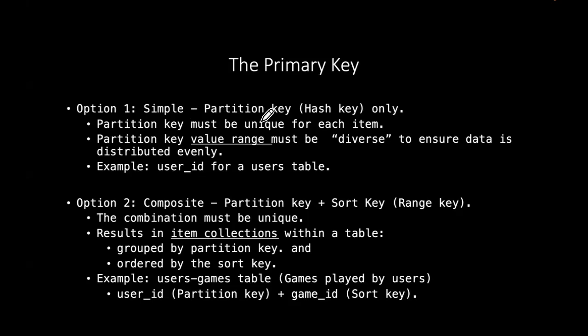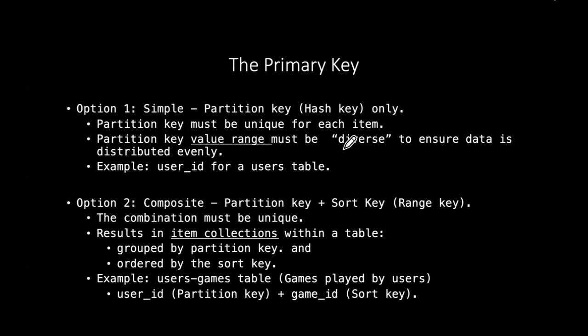Kind of makes sense. Certainly it makes sense if the partition key and the primary key are one and the same thing. But certainly the partition key must be unique when it is the same as the primary key. And the partition key range of values should be diverse. Kind of makes sense as well.